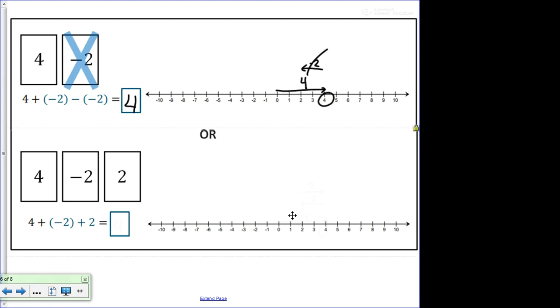Or, if I start with my 4 and my negative 2, I can get back to a total of 4 if I add 2 more, and just cancel those guys out. Right? A 4, a negative 2, and a positive 2 still gets me to 4. So I can either subtract that negative or just add back a positive.